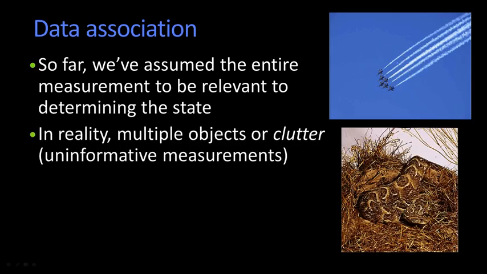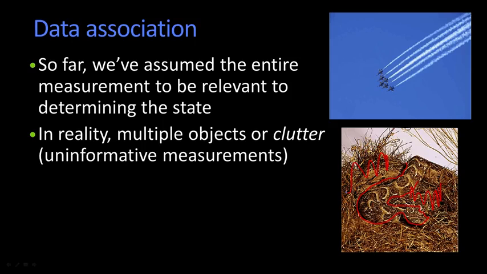Or there can be what's known as clutter. Clutter means there's a lot of stuff in the environment that has nothing to do with me. By the way, clutter is the basis of camouflage. So when you take a look at this rattlesnake, whose contour you can just barely see here, there's all this other stuff that has nothing to do with it being a snake. So it confuses your visual system. Fortunately, when the snake starts to move, if the brush is not moving also, then you can do the association differently.